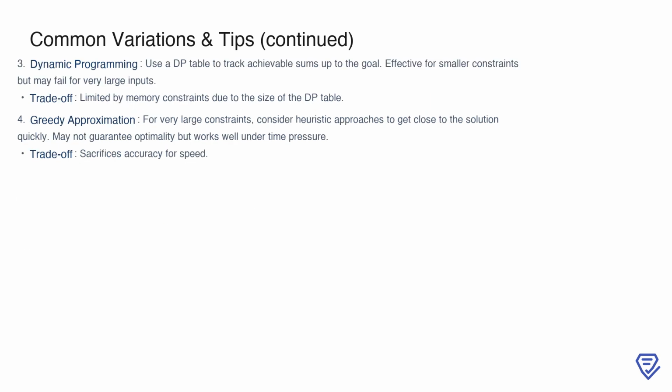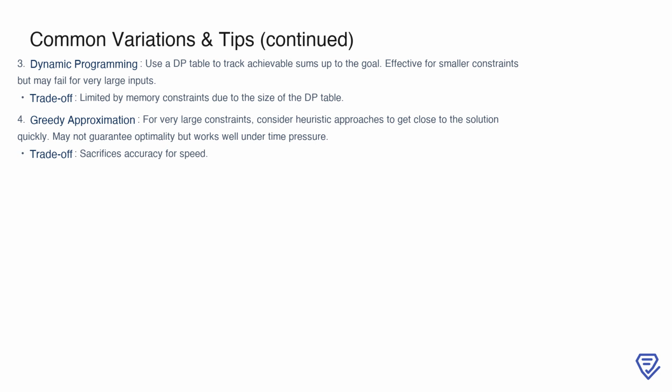Dynamic programming is another viable approach, particularly for smaller constraints. By maintaining a DP table to track achievable sums up to the goal, you can efficiently solve many variants of the problem. However, this method is limited by memory constraints, especially when dealing with very large inputs, as the DP table can grow significantly. In scenarios with extremely large constraints or when an exact solution isn't feasible, greedy approximation techniques might be worth considering.